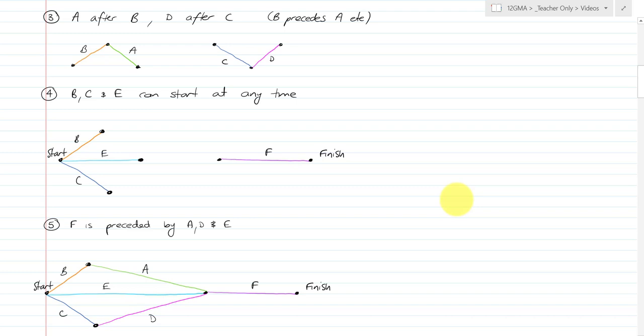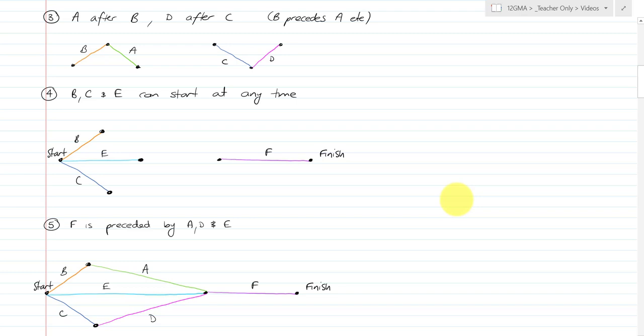It's not an overly exciting one, but it indicates at the start that you could start with any one of the 3 tasks that are sensible to start with out of the 6. And then you have to have done B to do A. Now you could obviously do B, which is have a shower, and then do E. Not that in this context you want to do that, but doing B doesn't naturally mean you have to do A straight after it.